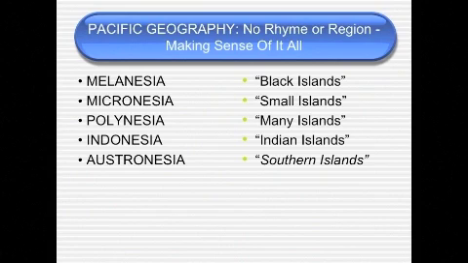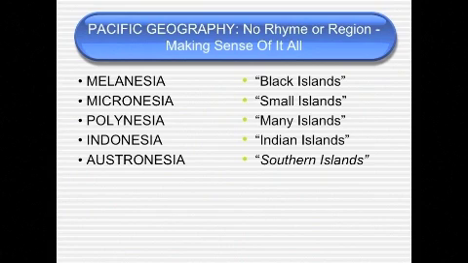So as you notice in this slide, there's all of what I call the nesias. We want to start with some base identification of what Pacific geography is, so where things are situated. And like the title says, no rhyme or region, making sense of it all. So we have the three major nesias, Melanesia, Micronesia, Polynesia, which make up the basis of the Pacific.